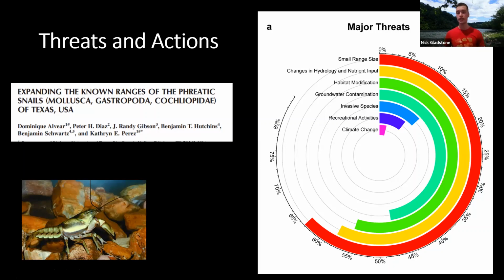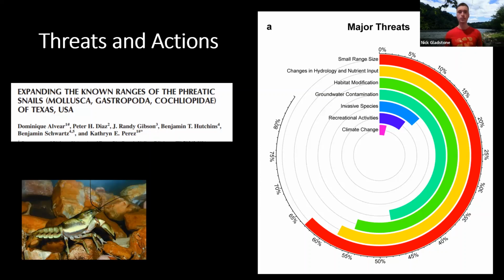They're known from a single site. And so how do you conserve something that is limited to one well, one cave, one stream, effectively, when you're in central Austin, or downtown San Antonio, or on the campus of Texas State University, because that's where that well is that has so many endemic species.